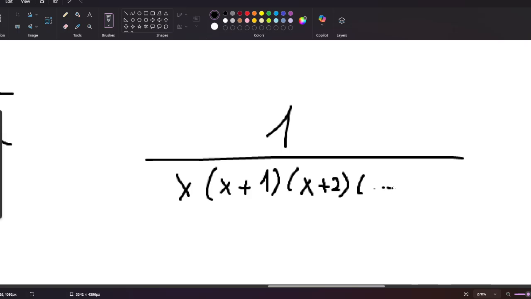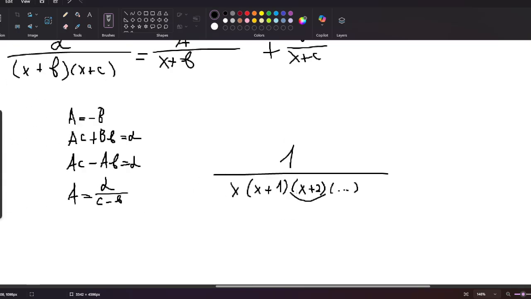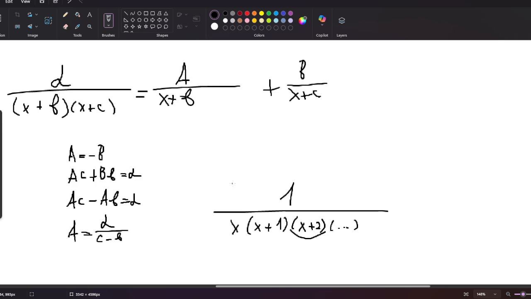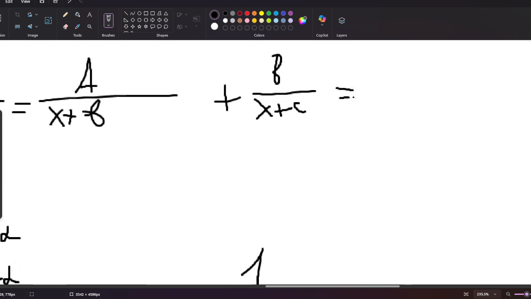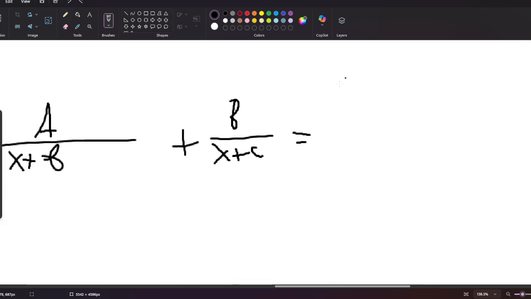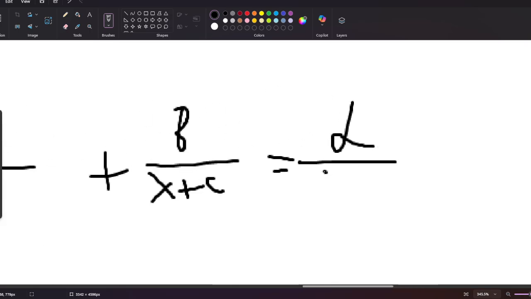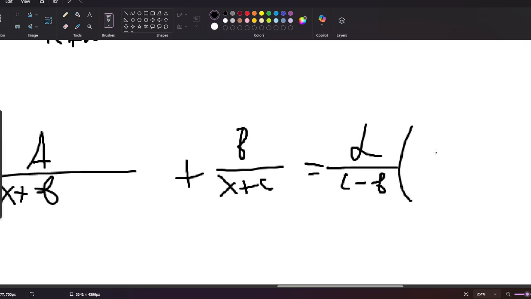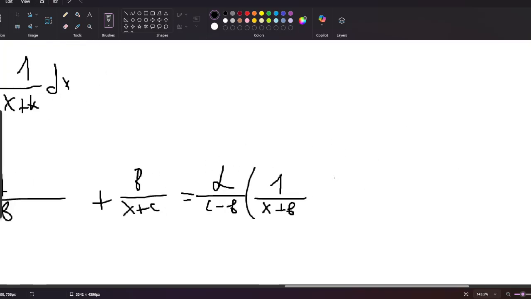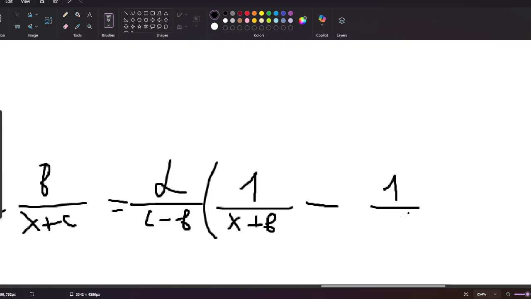Again, let me write down this result here: alpha over c minus b, times 1 over x plus b minus 1 over x plus c.